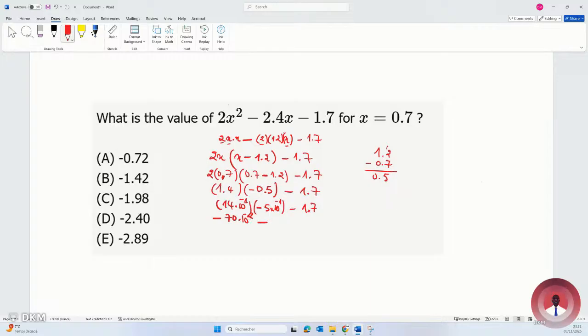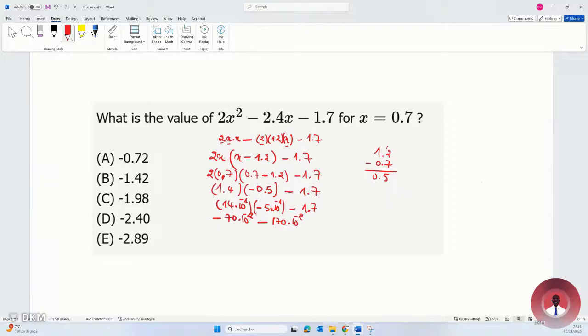And here, if you want to render this into 10 to the power minus 2 kind of expression, we can write that as being equal to 170 times 10 to the power minus 2.